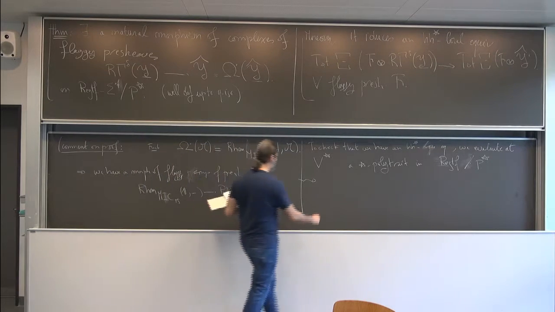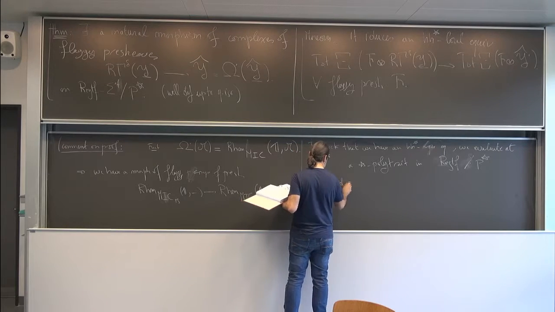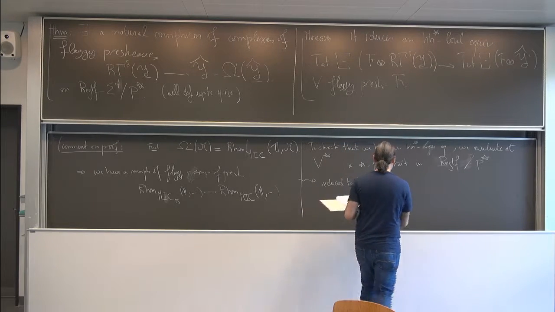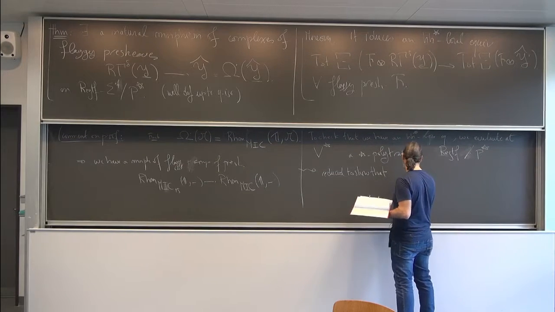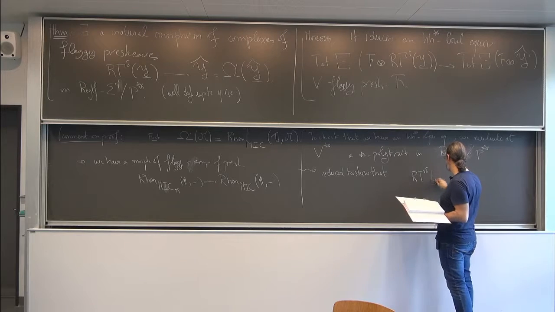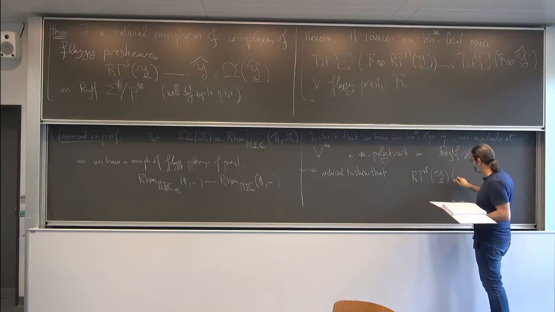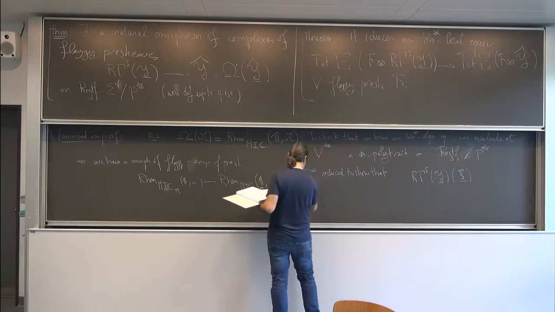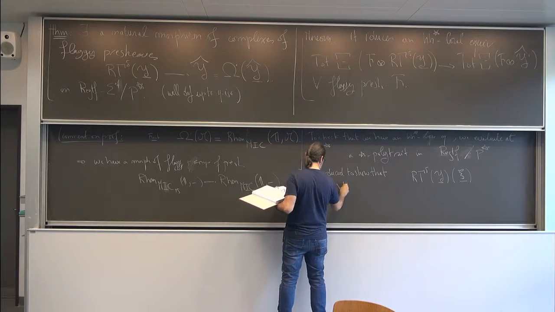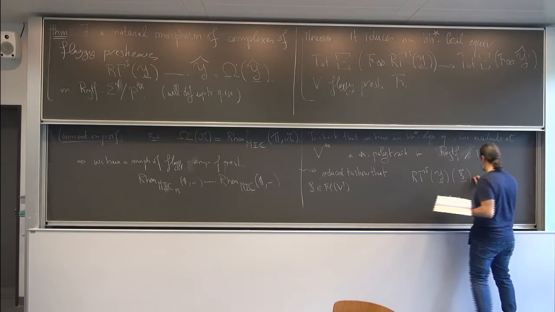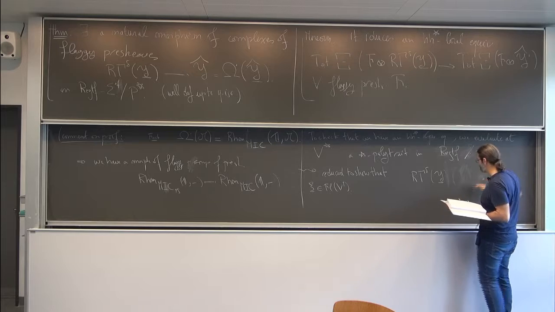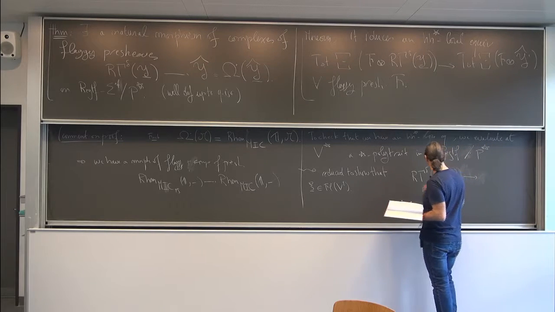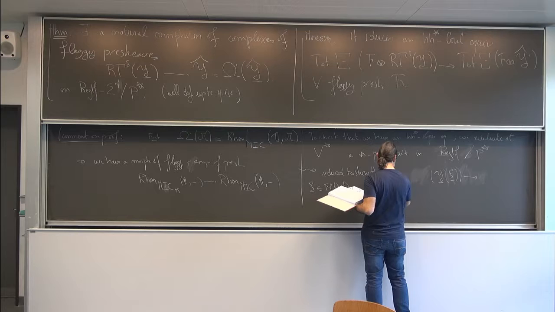So we are reduced to showing that R gamma delta of y, evaluated at some flag in V, so this will be a flag in V1, or I can really write it like this, I evaluate this guy, and this is R Hom.